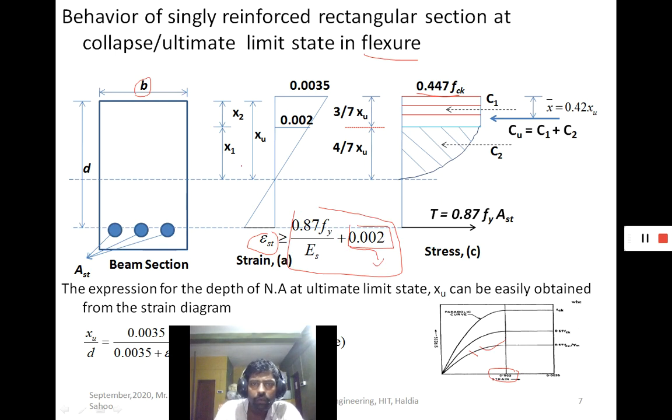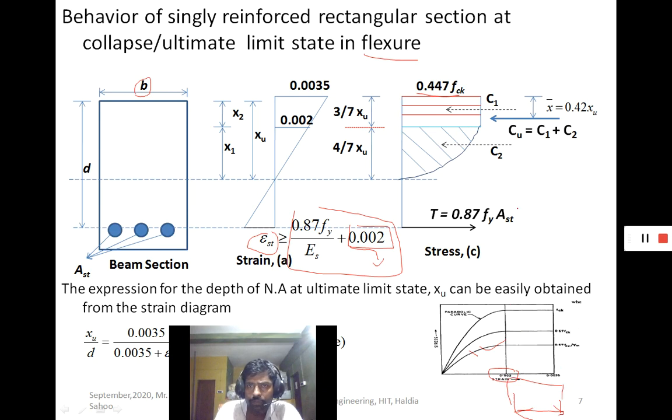Now suppose this is a stress block of concrete. You see that this is a parabola up to how much? From 0.0035 to 0.002, the stress is constant, so that's why the rectangular stress block has come.